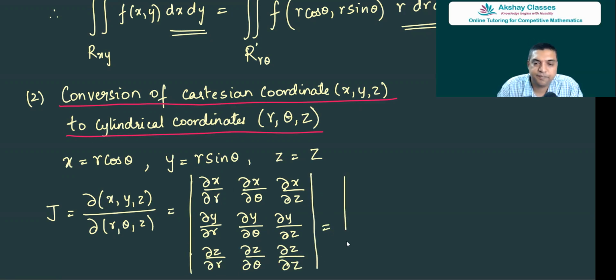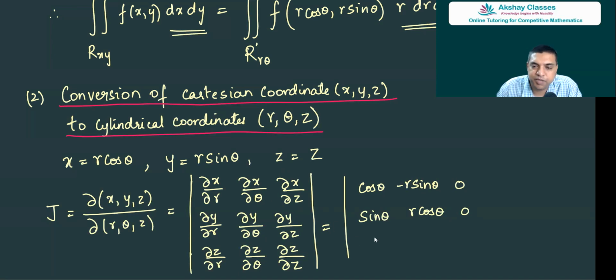What we get is, derivative with respect to r, cos theta and minus r sine theta, and with respect to z, there is no z, so it is 0. Then we have sine theta, r cos theta, 0.